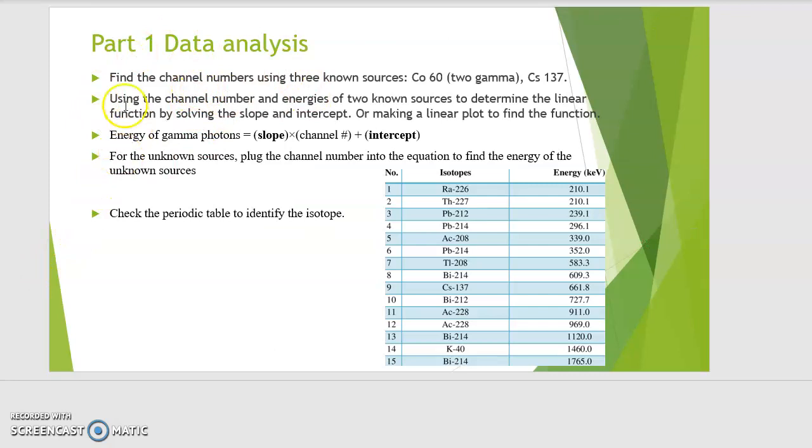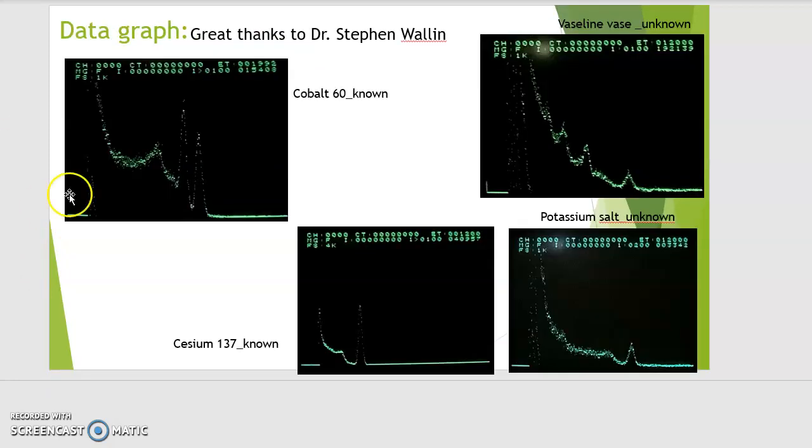So for this lab, this is the data we collect. This is the graph we made from the multi-channel analyzer. Earlier I said the energy of the radiation is proportional to the address of the memory.